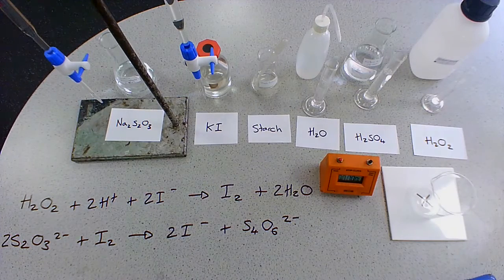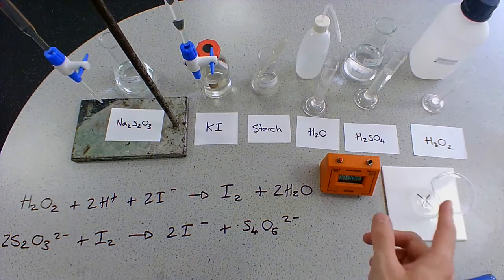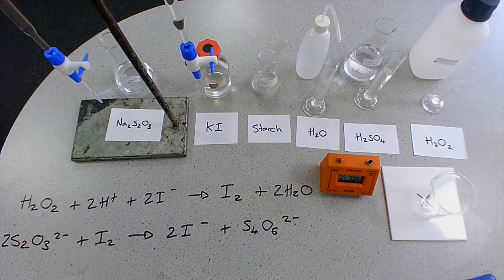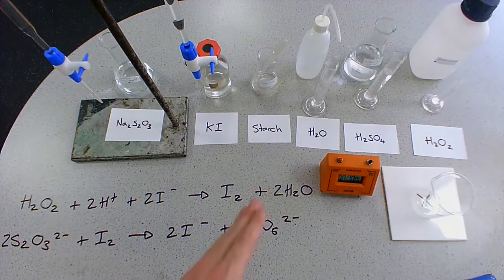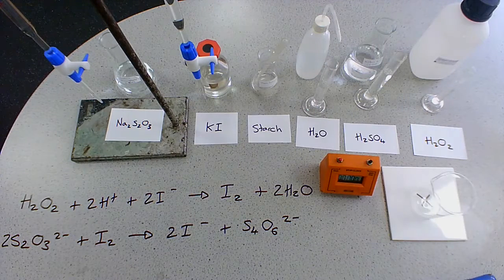Now, this is a really useful reaction because it allows us to investigate the effect of changing concentration of a particular reactant on the rate of the reaction. So what we're going to do here is set up the reaction with some hydrogen peroxide, some sulfuric acid, a little bit of distilled water, starch, potassium iodide, and sodium thiosulfate.